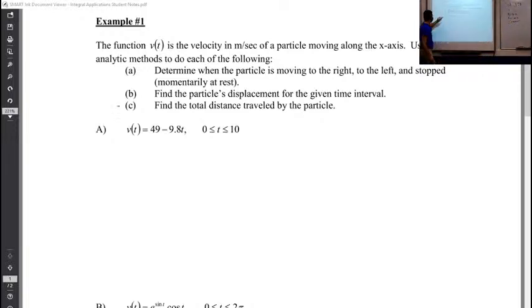Like this part C. So, part A first. Determine when the particle is moving to the right, moving to the left, and stopped. The big thing that you need to be able to keep track of in these problems is what things are questions about position, velocity, and acceleration.